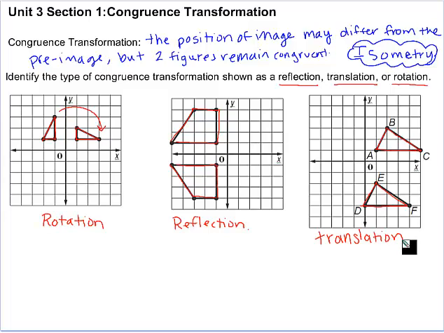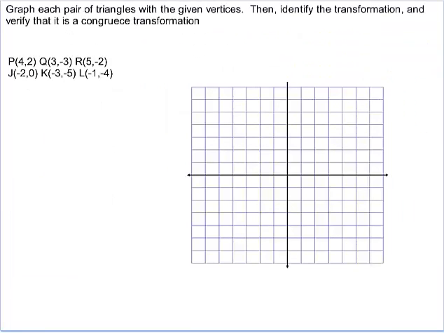So now what we're going to do is graph two images. We are going to identify the transformation, and then we're adding something on: verify that it's a congruence transformation. We'll talk about exactly what that direction means in a minute. So let's first graph. Here we have PQR. P is at 4, 2. Q is at 3, negative 3.